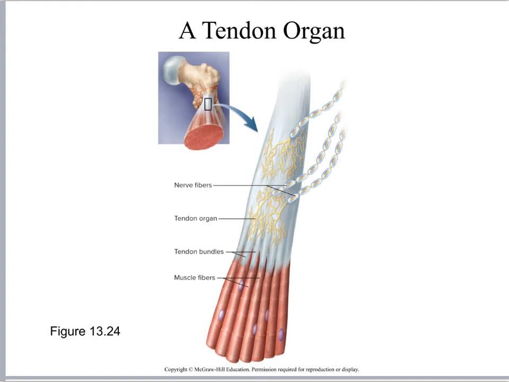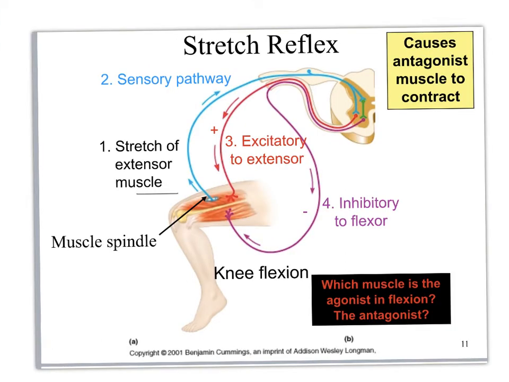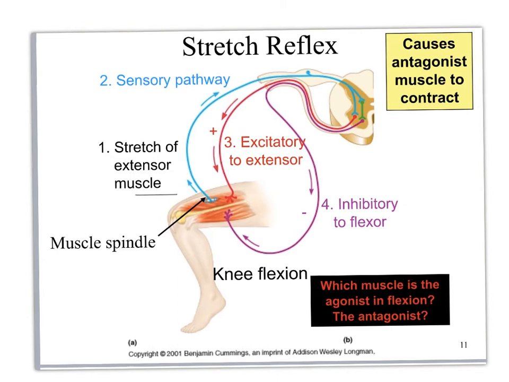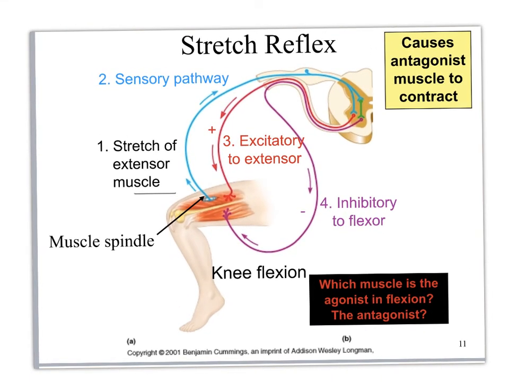We're going to look at the stretch reflex next. All right, now that we've reviewed the Golgi tendon organ and the muscle spindle, we can actually talk about how they work with that stretch reflex, and then the knee jerk reflex, and then the Golgi tendon reflex, which are all variations on the same thing, okay? So I have right here a knee.